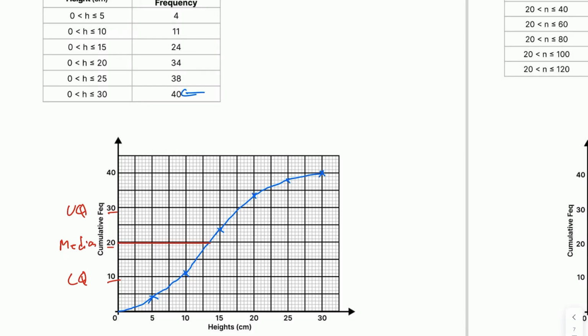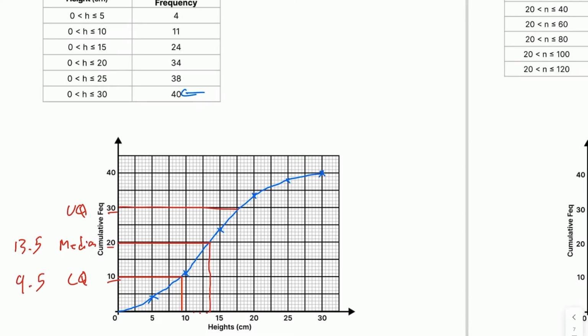Cross down. So in this case, you want to read the axis properly. It's not going up in 1. So that's going to be 11, 12, 13, 13.5 is what I'm reading. Now the lower quartile across, and if you come down, so that is going to be just after 9, so 9.5.